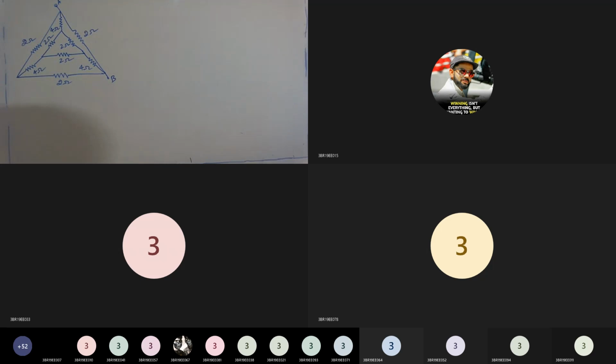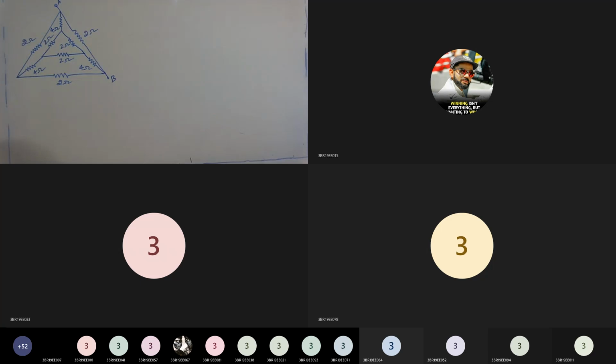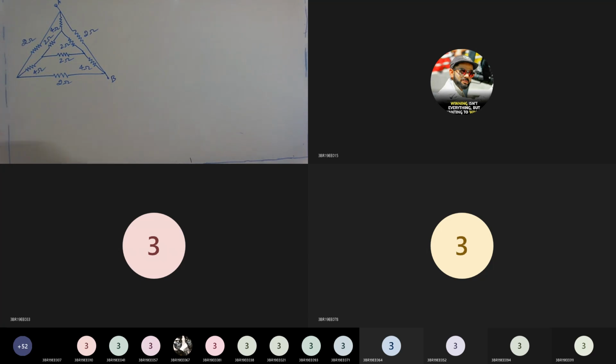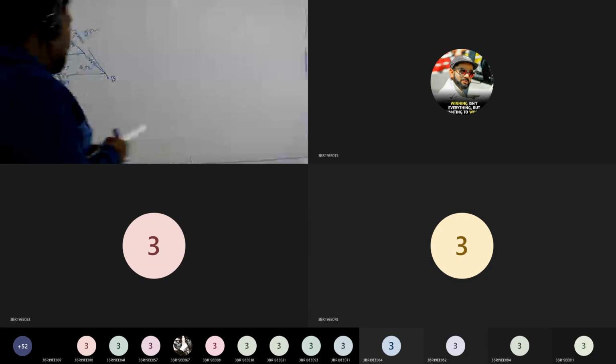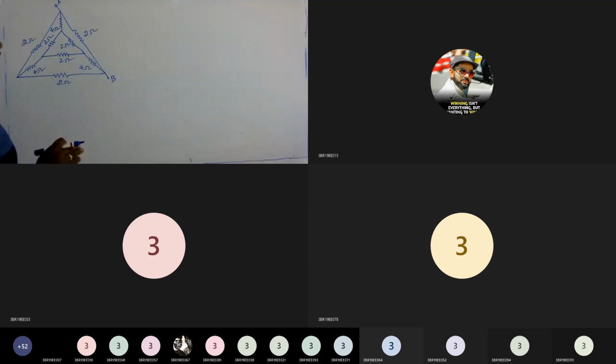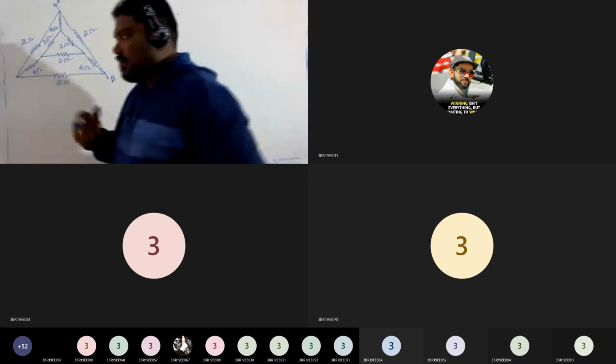We need to identify one delta network, transform it to star, and see whether any reduction is possible after transformation.